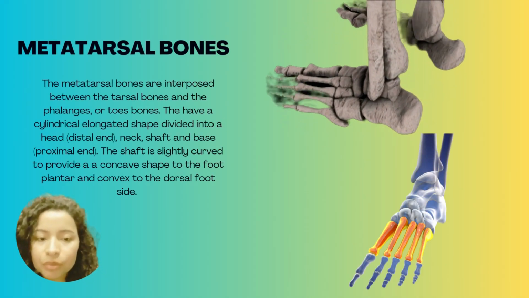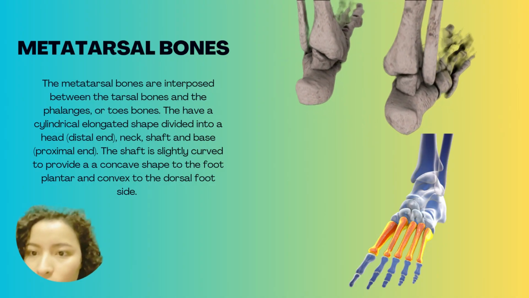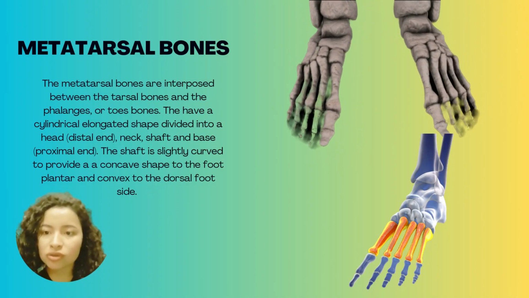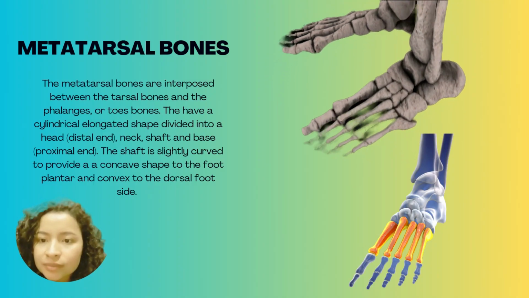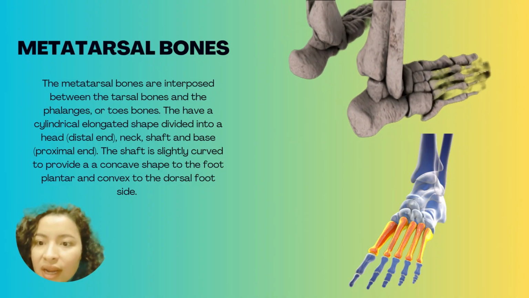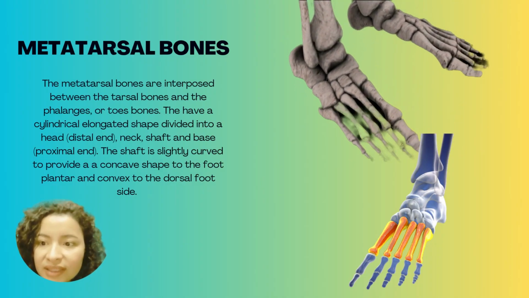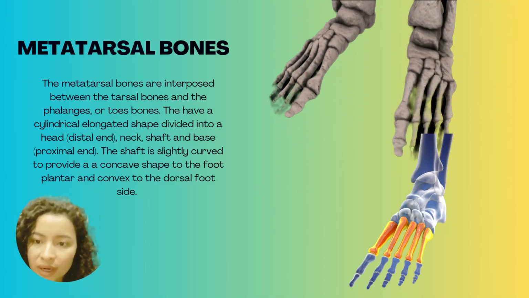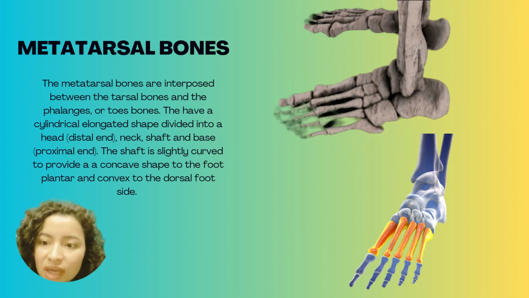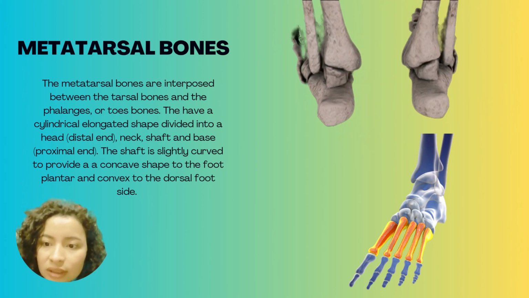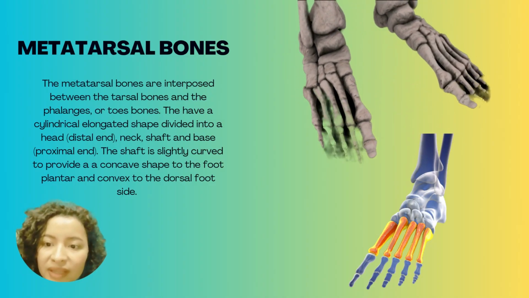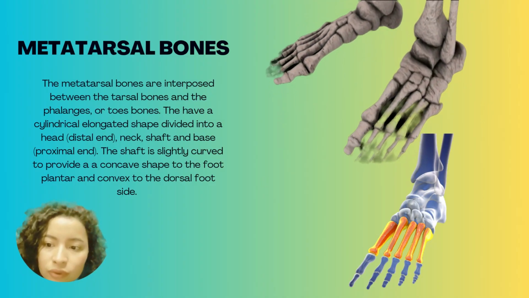Metatarsal bones. The metatarsal bones are interposed between the tarsal bones and the phalanges or toe bones. They have a cylindrical, elongated shape divided into a head, distal end, neck, shaft, and base, proximal end. The shaft is slightly curved to provide a concave shape to the plantar and convex to the dorsal foot sides.